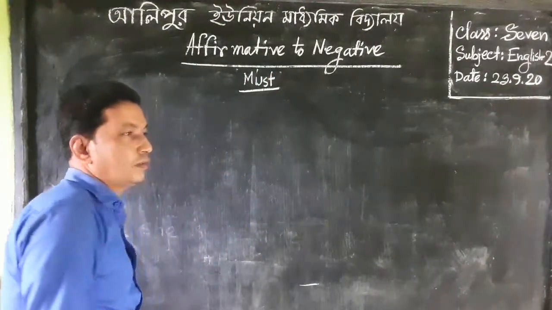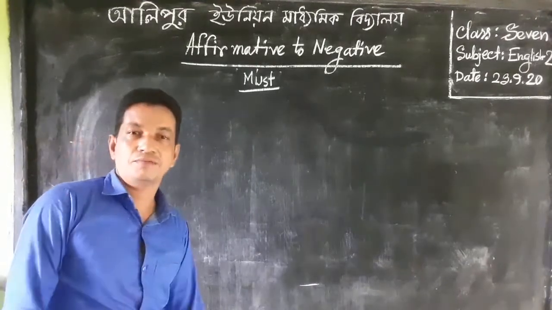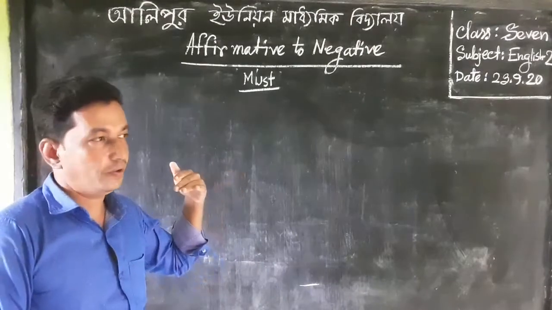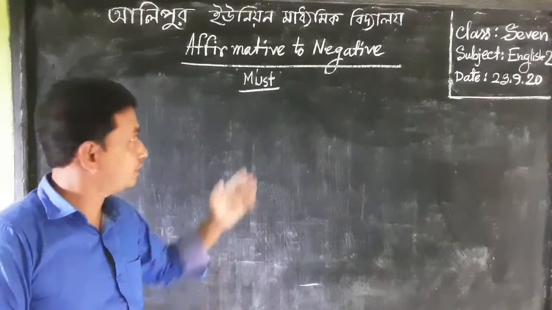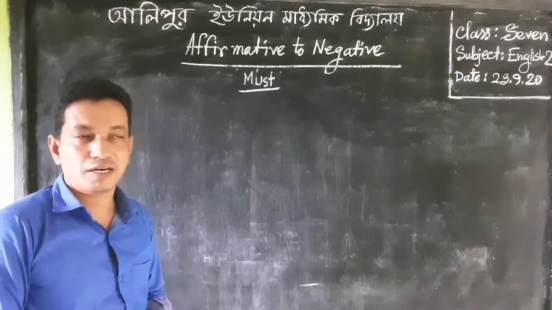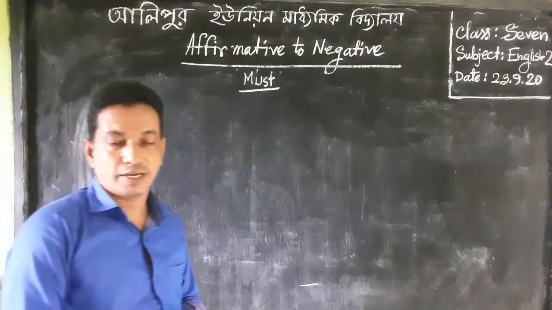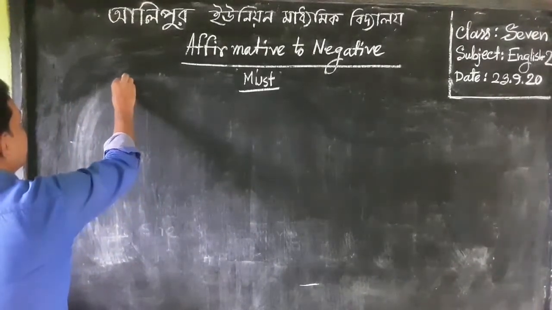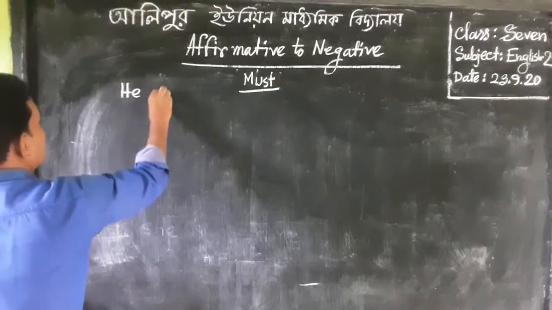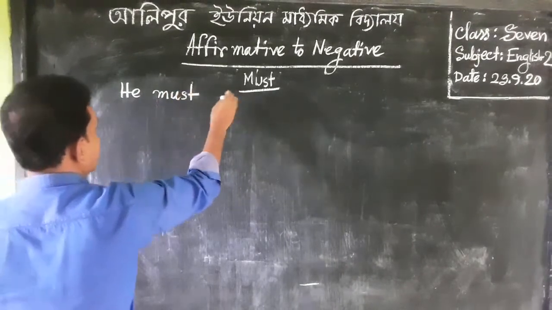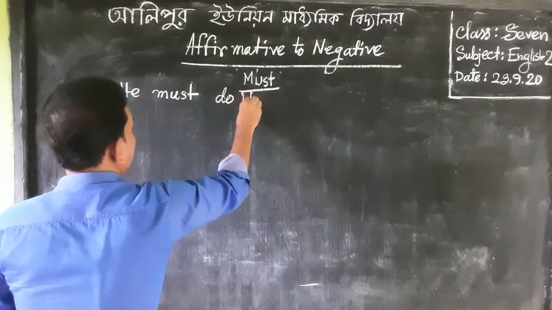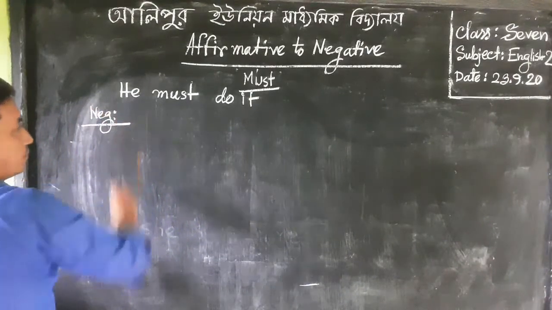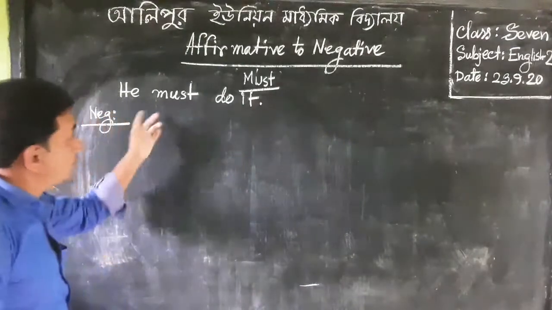must. Dear learners, we sometimes see must in an affirmative sentence, and if in any sentence there is must, we can change must into cannot but or cannot help. Now I am giving an example. He must do it.